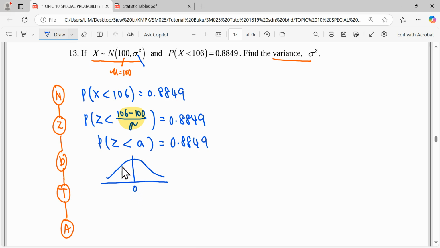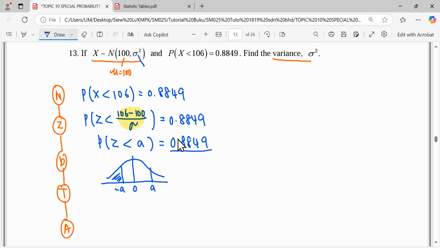When I want to draw this distribution, I have to guess what our z-score is. It may be on the left-hand side, or maybe on the right-hand side, so it must be logical with the probability given, which means the area under the graph. For the first case, if A is negative, you can see this region and this value don't match.